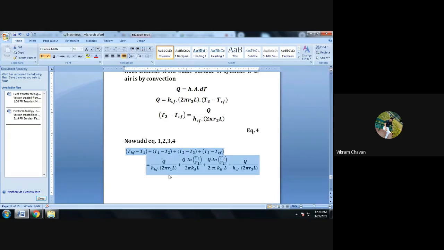Q divided by h_HF × (2πR1L), plus Q × ln(R2/R1) divided by 2π k_A L, plus Q × ln(R3/R2) divided by 2π k_B L, plus Q divided by h_CF × 2πR3 × L. Write down the equation.